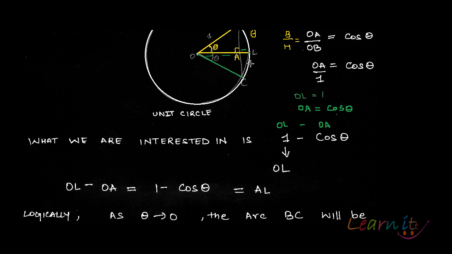Just logically think, when we are making theta go to 0, this distance AL will disappear. Why? Because as previously for the sine, I told you that short arcs are almost straight. So the arc BC will almost be the line BC, right? So the gap between the arc and the line will disappear, will be 0. So AL hence will be 0.